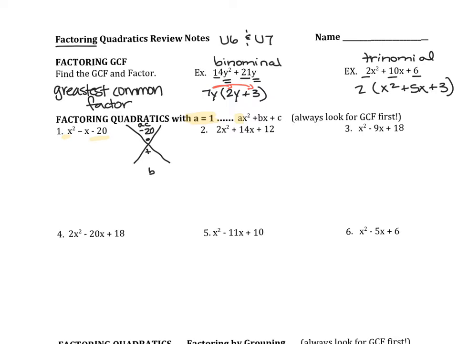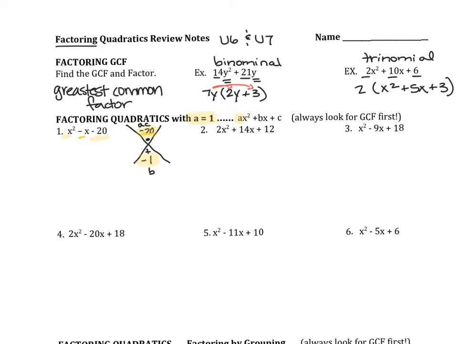And then my b term is what's in front of my x term, and that would be negative 1. And so I'm going to put negative 1 in the bottom. So now I'm looking for 2 numbers on the side. I want the 2 numbers to multiply to this negative 20 on top, and I want them to add to this negative 1 on the bottom.